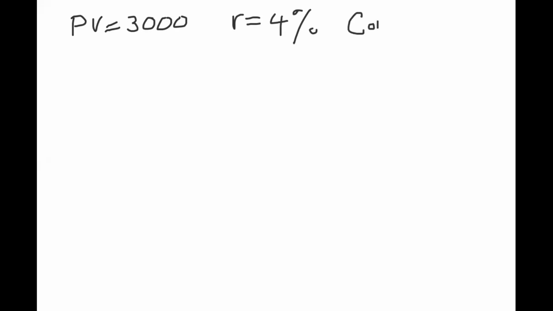Compounded quarterly. That is, for a quarter we have 3 months, then for a year we have 4 quarters. Then M is 4.